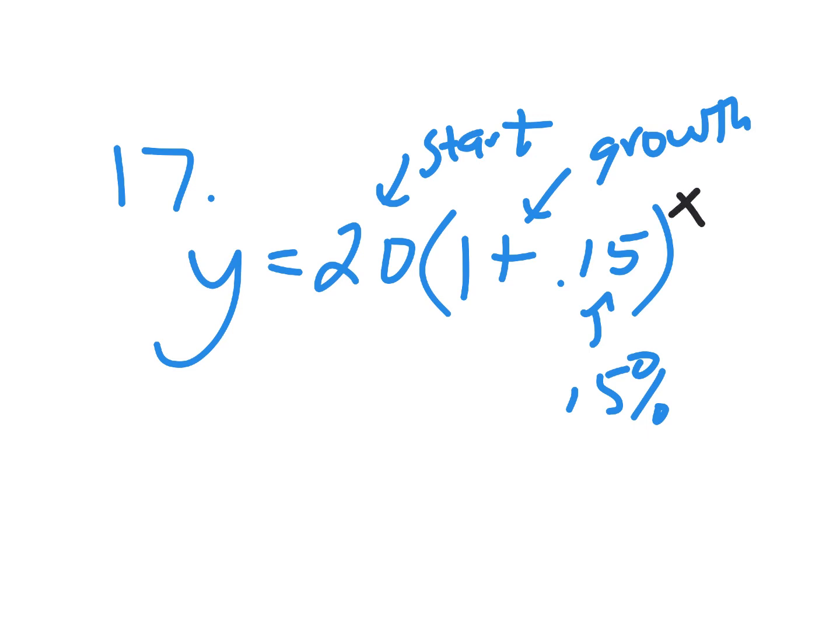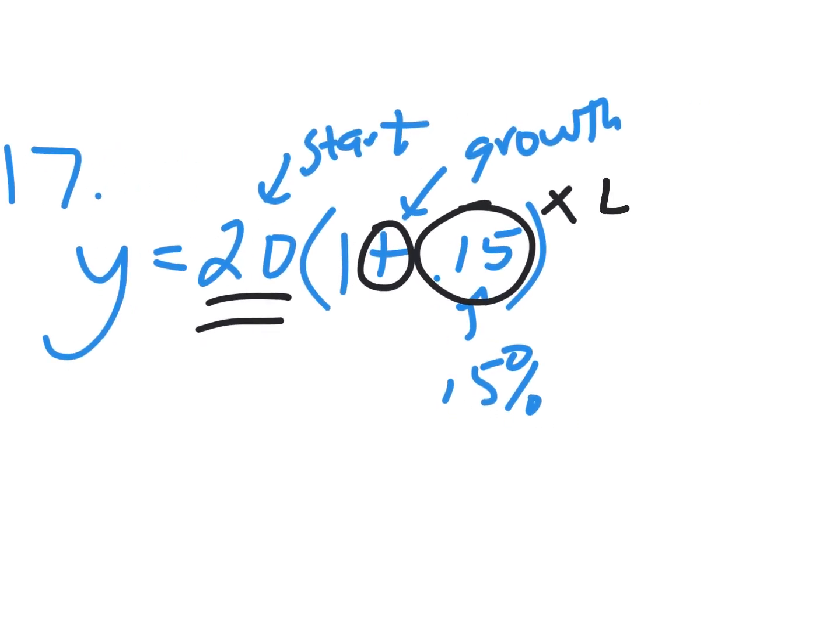That's an exponential equation that has a start value here, and it grows with the plus, and whatever the growth percent goes right there. And you always have an x in the exponent, that's usually your time. There's your hint on 17.